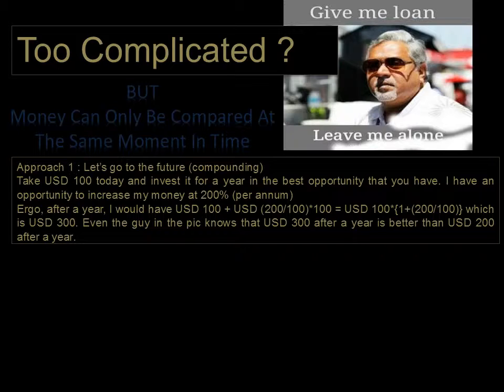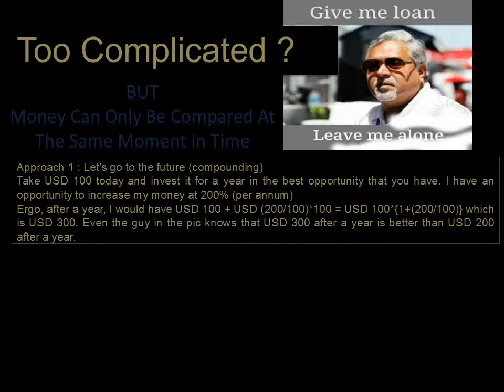If I put $100 today in that opportunity at 200%, after 1 year, I yield 300 American dollars. Don't worry about the calculation. We'll get into that later. Right now, I just need you to understand the concept. $300 after 1 year can be compared to Kim's offer of $200 after 1 year. Of course, it's a way better offer. Let's stick with Donald Trump.